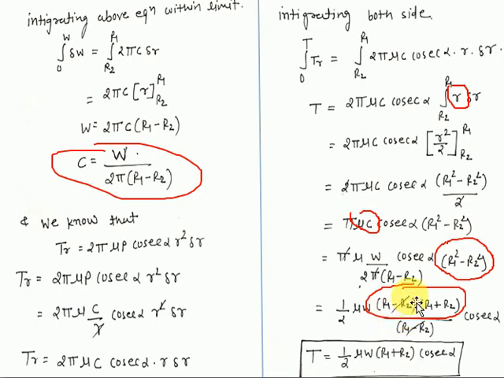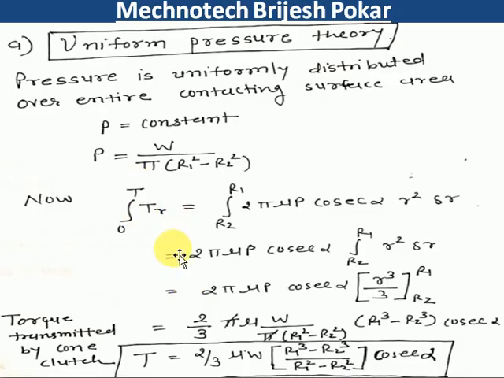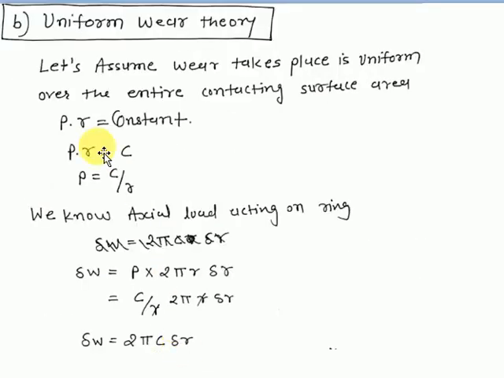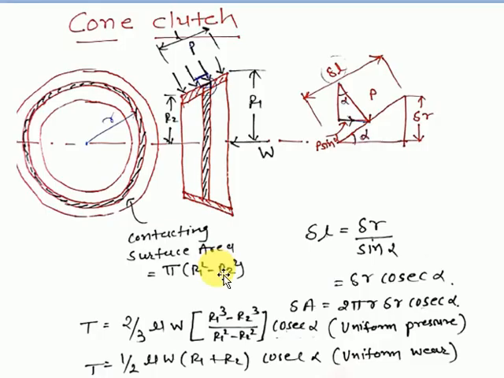So R1 minus R2 will cancel, and finally we get the equation for torque transmitted using uniform wear theory, that is T is equal to 1 by 2 mu W (R1 plus R2) cosec alpha. So we have derived two equations: one by uniform pressure theory and another by uniform wear theory. These two equations you have to remember.